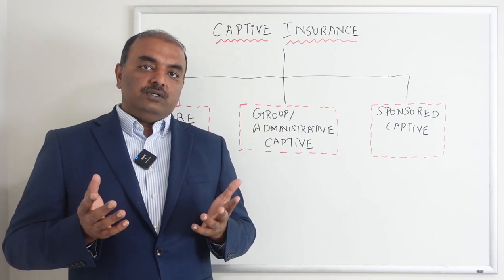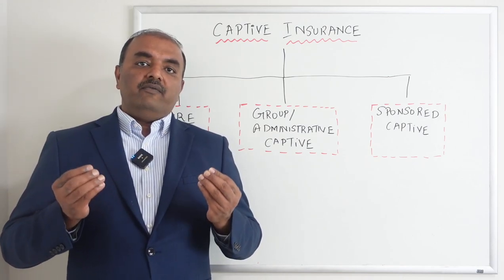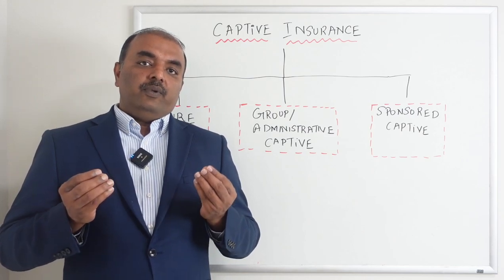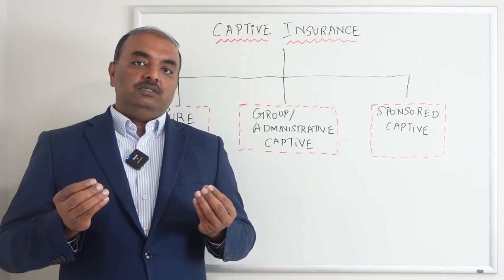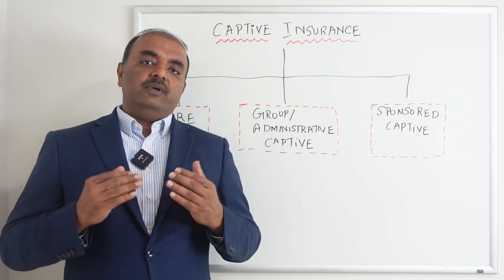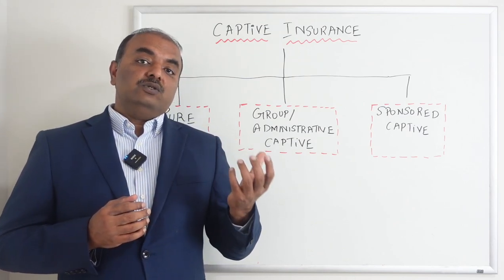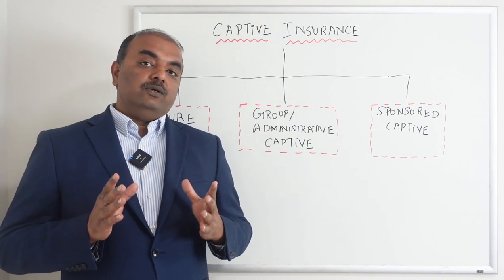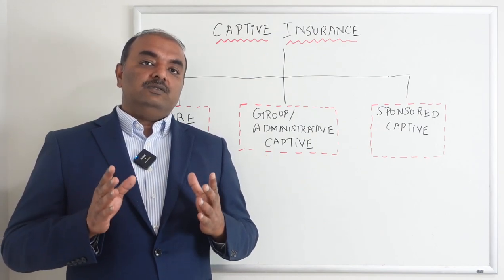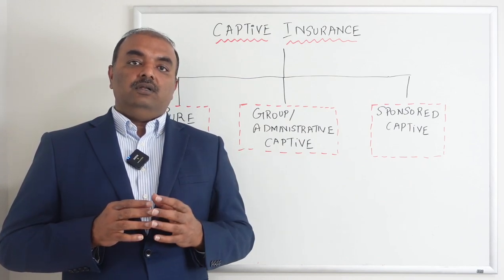In short, as I told you, captive insurance is a very attractive option if you have a big company and you are paying a large amount in premium, right? On top of all those things, there are some benefits too. One, using the reinsurance options. As a captive insurance company, you can always go to reinsurance companies and reinsure some of your losses.